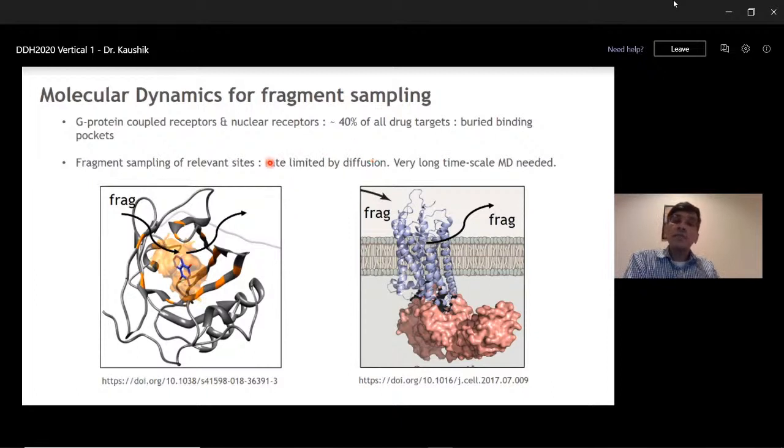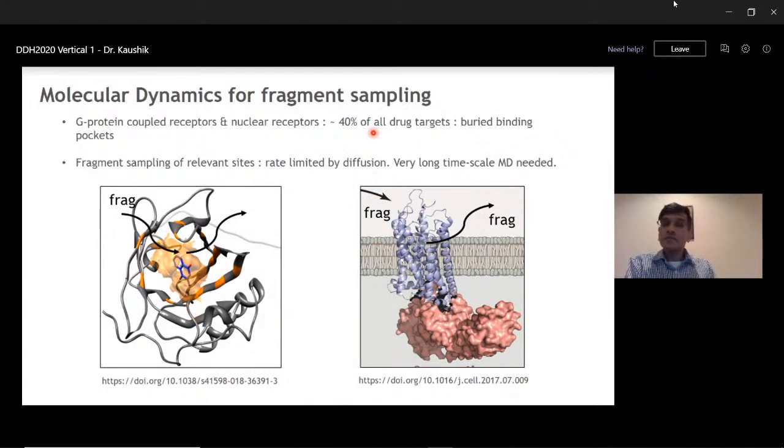And so what is happening is that we are now rate limited by diffusion. If you rely on conventional molecular dynamics as a solution for evaluating how many times a given probe molecule visits a given protein site, and given that we're turning this into a free energy, this cannot be a single event. It has to happen over and over again before you have statistically relevant information to evaluate free energy in the context of the number of times a fragment has visited a given site and then taken off.